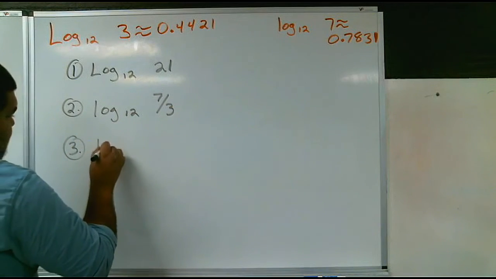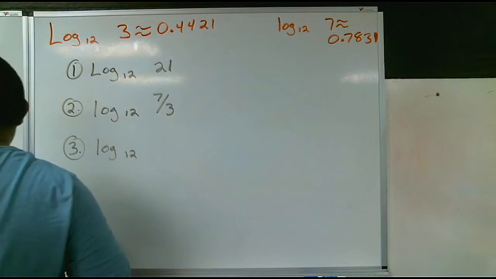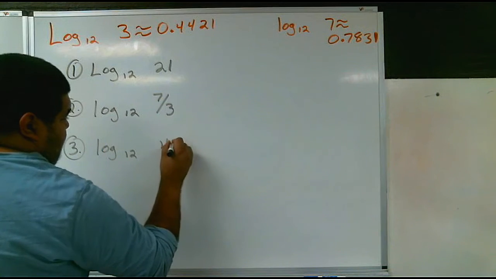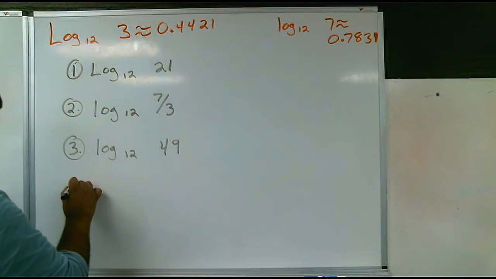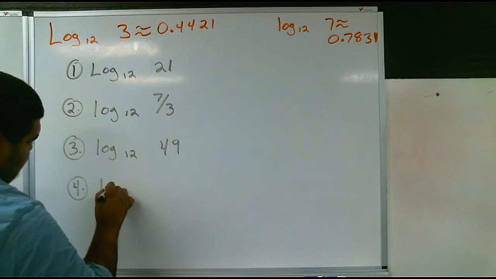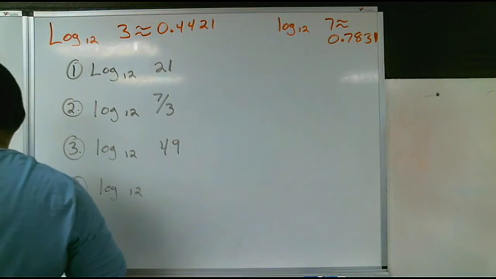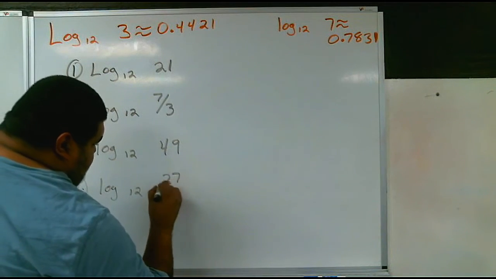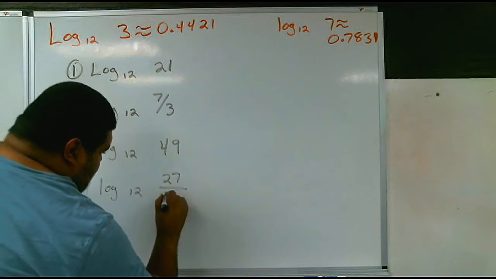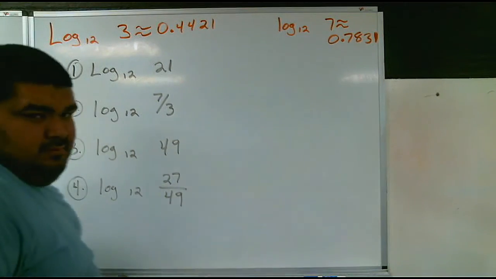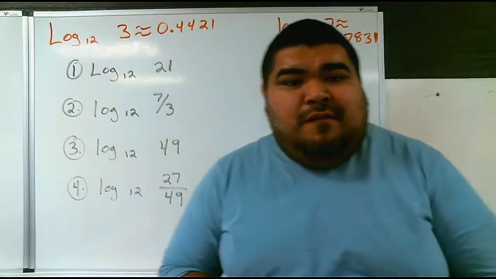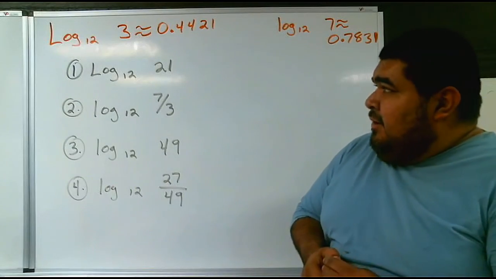For number 3, we have log of 12, 49. And finally, we have log of 12, 27 over 49. Okay, so we have 4 problems on the board to solve for.